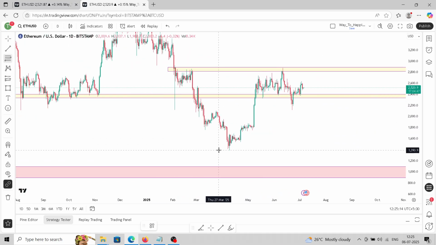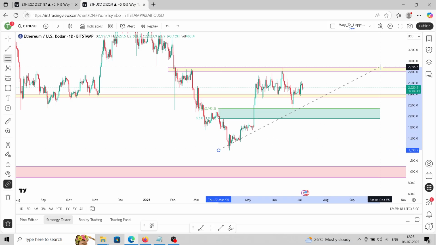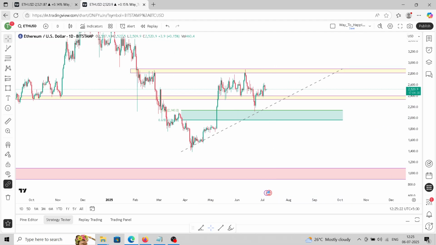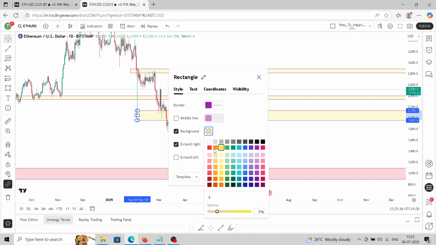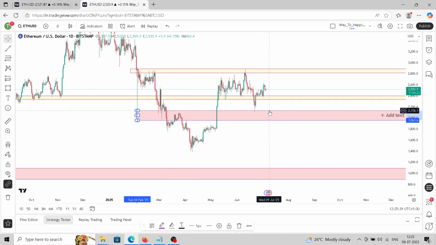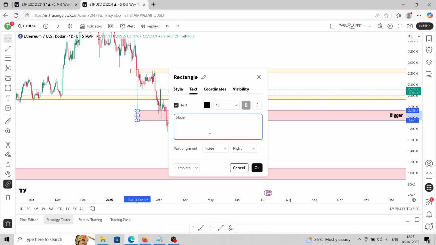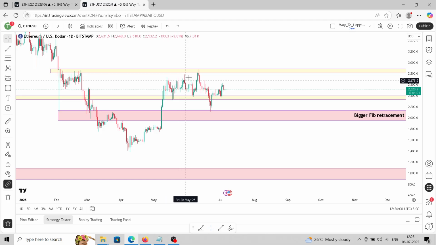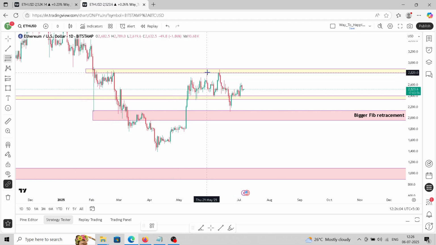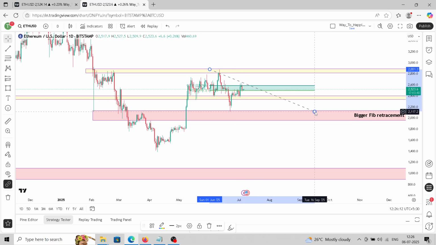Yeah, if I put this from low to swing high, here if you see the prices are here, which is exactly where the prices have taken a jump from, and it should be the bigger fib retracement. Now from here, prices have already come down once. Okay, so what is this level?